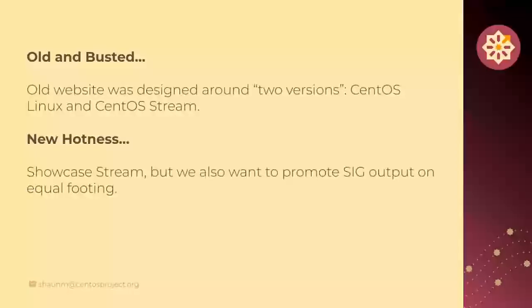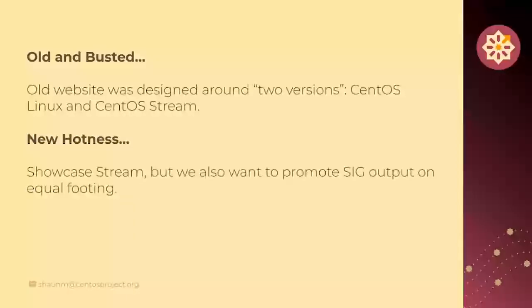And then what we did with the website was that little box went away. And then the box for CentOS Stream was just kind of big there, and it looked kind of silly because it wasn't designed for that. So what we wanted to do was to showcase Stream as our primary deliverable, but to also talk about some of the other stuff that we do, the stuff that our SIGs produce.